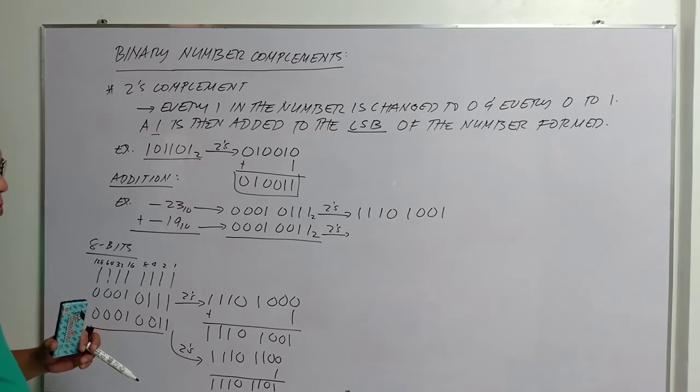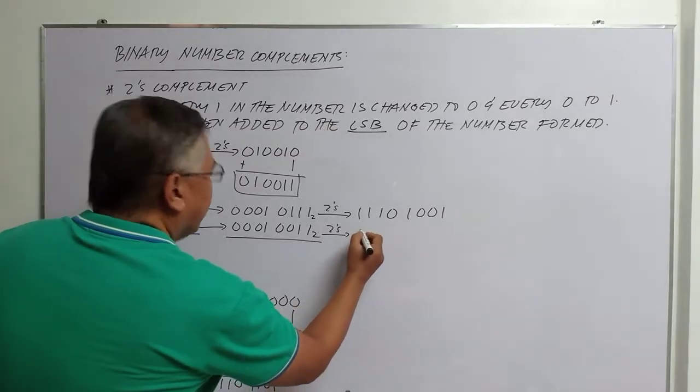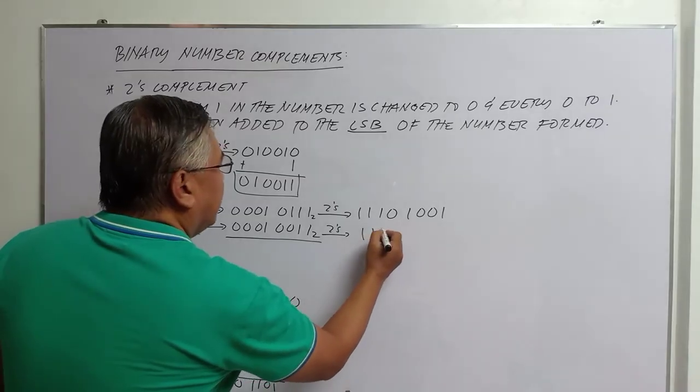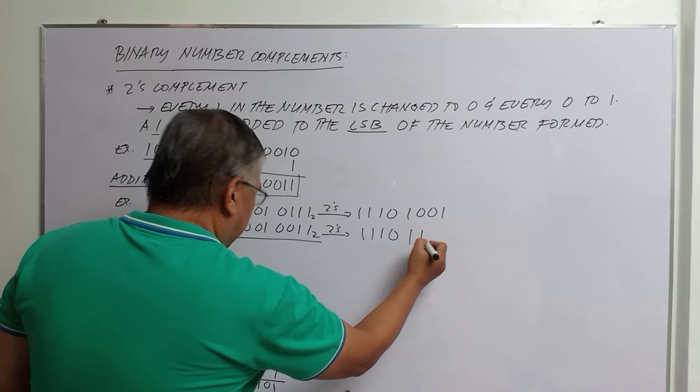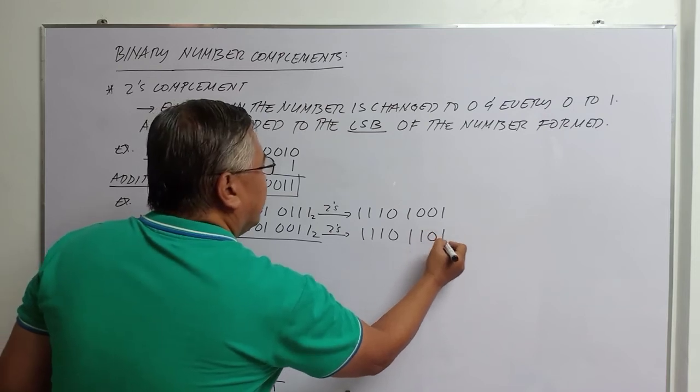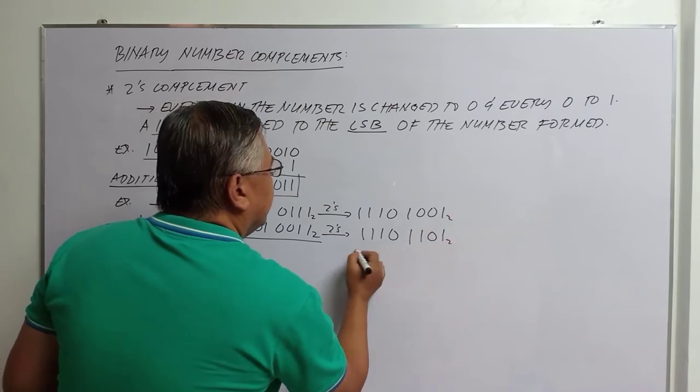Okay, so we write this here. So this becomes 1, 1, 1, 0, 1, 1, 0, 1 of base 2.